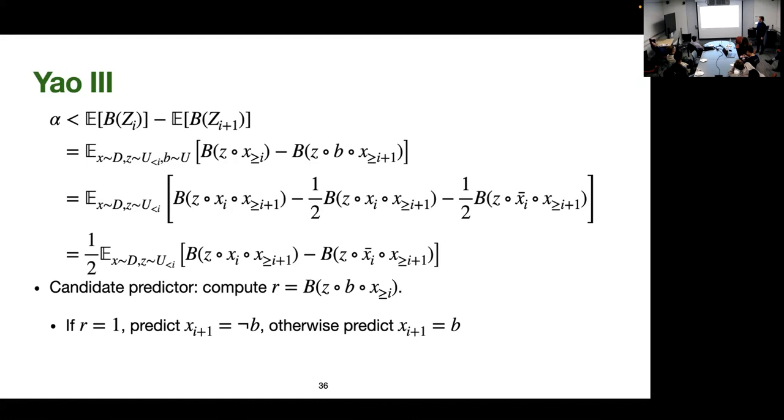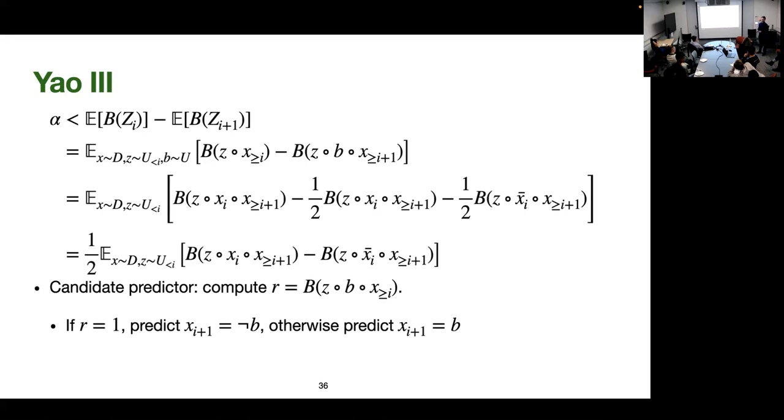We take a random string z and a random bit b, and we ask this circuit to compute what it would output on z followed by b followed by the final bits of x, which recall is the thing we want to predict.